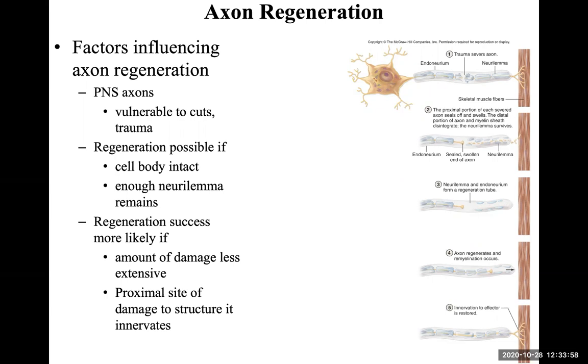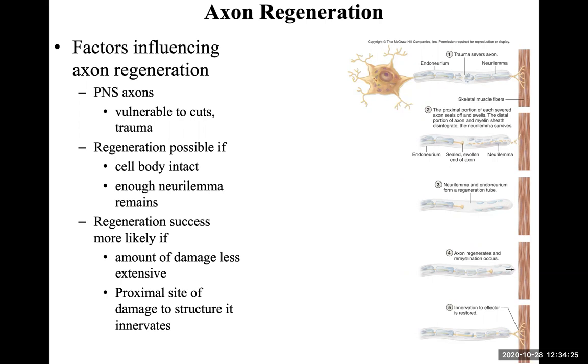Peripheral nervous system axons are much better at regenerating as long as the cell body of the peripheral nervous system neuron is intact, and as long as some of the neurolemma remains, then regeneration happens all the time, right? We get cuts, we get crushing injuries.